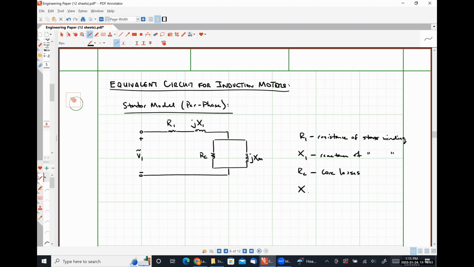So core losses. This represents our magnetization losses.